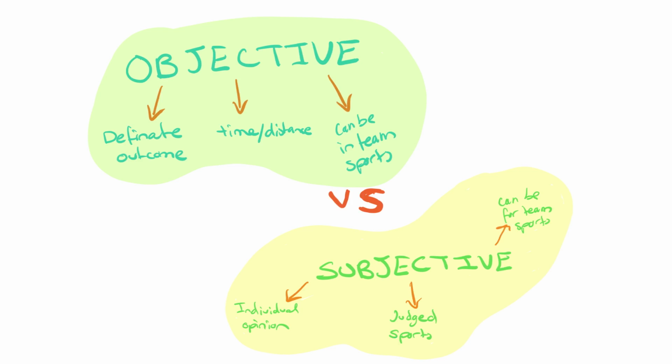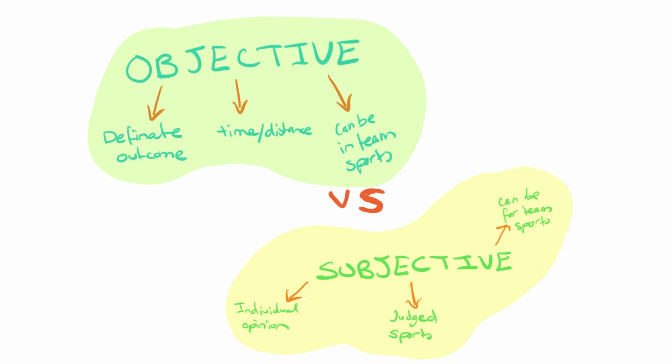In summary, objective performance measures have a definite outcome, and they're usually for events that are based around time and distance, and they can be seen in team sports, for example, a goal or a score, or even timing for that matter.